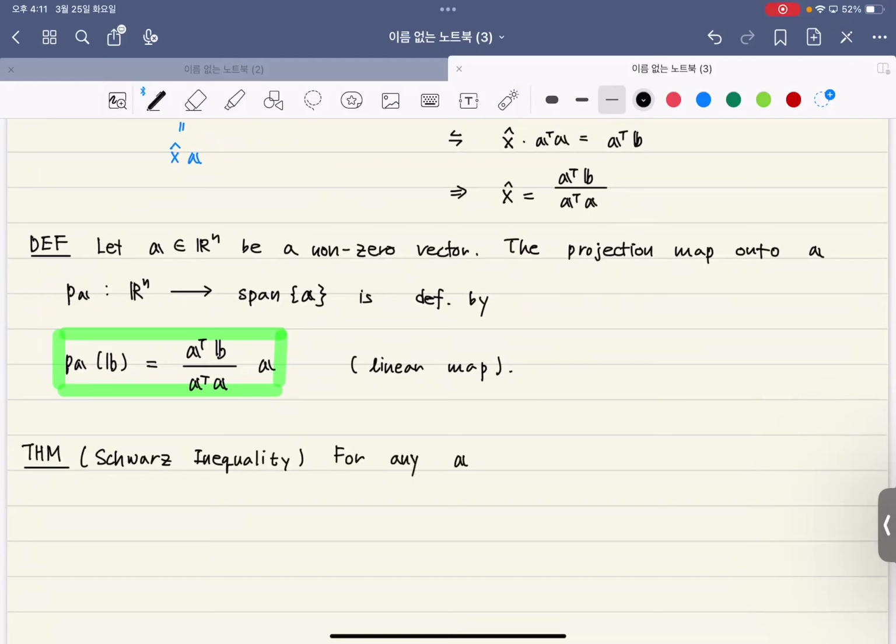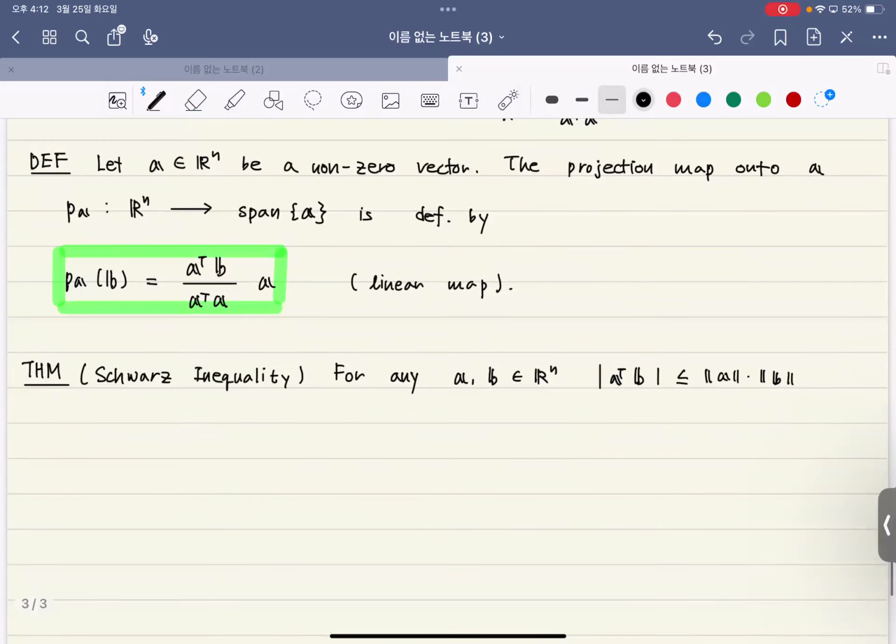For any vectors A and B, the absolute value of the inner product is always less than or equal to the product of the length of A times the length of B. So this is the Schwarz inequality. I think I mentioned this inequality just once in my previous lecture, but I have never proved it. So I guess this is the right time to do this.